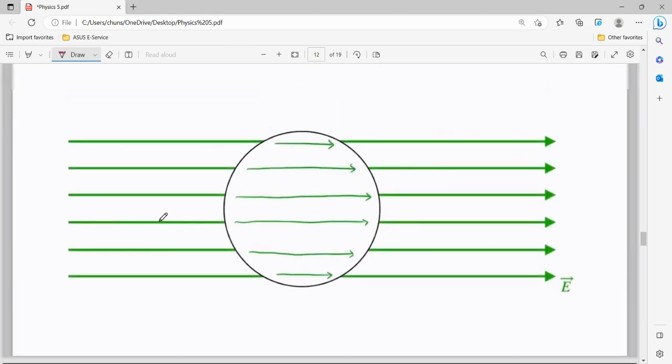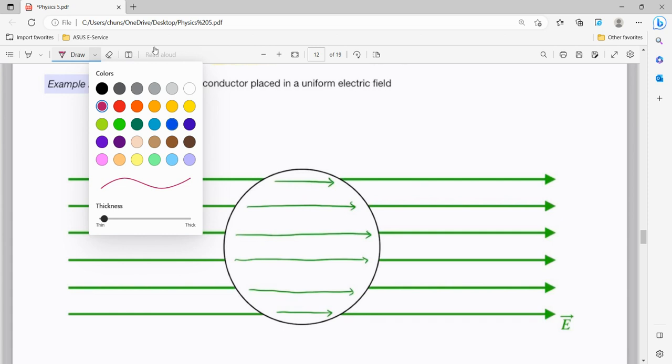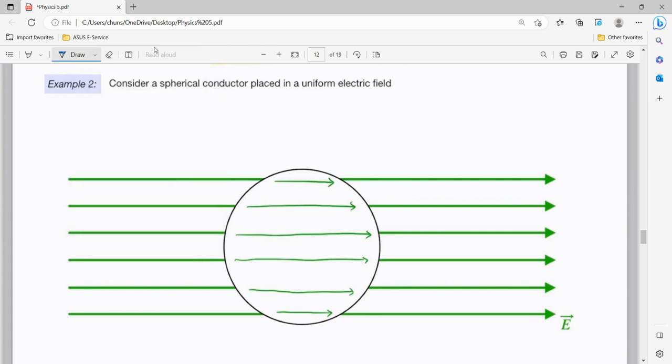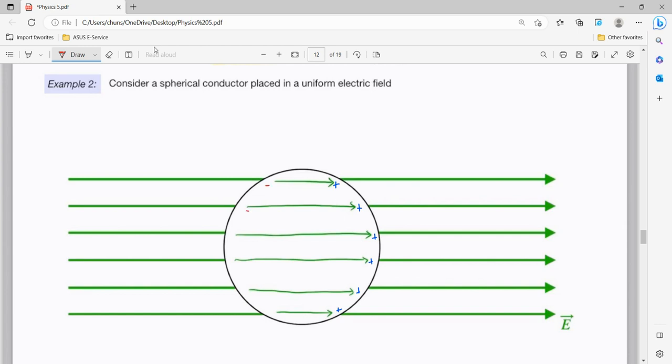I'm going to skip that example really quickly. So if you consider this spherical conductor placed in a uniform field, something unique happens. Because our field lines in our conductor point with our field, this develops a more positive polarity at this side, leaving the other side to develop a negative polarity.